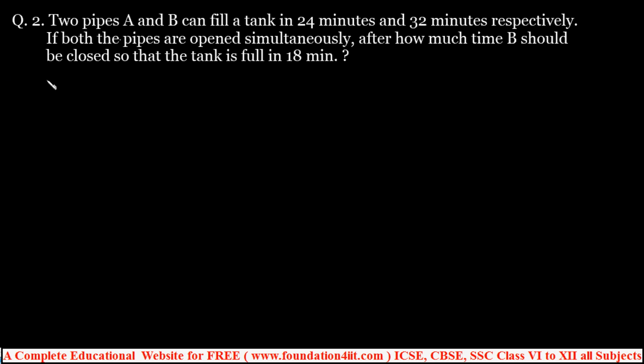So one simple thing is this. First of all, let B be closed after X minutes. Let us take this. After how much time you close it, the tank should be filled in 18 minutes. So let B be closed after X minutes.